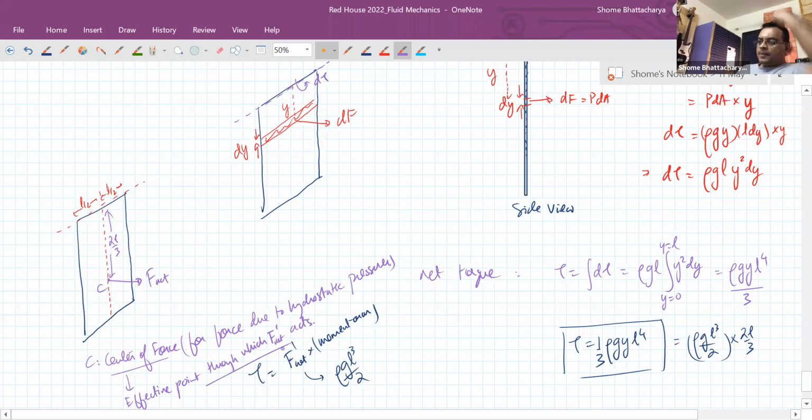So the torque will be 1/3 rho g L raised to 4, right? Yes, 1/3 rho g, sorry, not y. Yeah, my mistake. This y is not there. It's actually y to the power 3 by 3, which we have integrated from 0 to L. So it is rho g L to the power 4 divided by 3, correct?